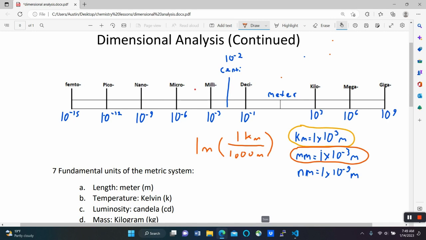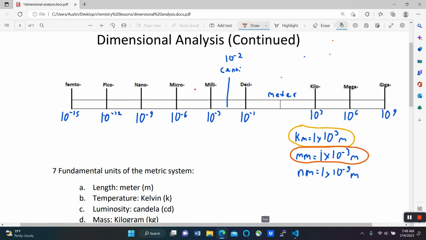So rather than going through this procedure, what we can do instead is simply recognize that we are moving the decimal in our original term by a certain number of spaces.